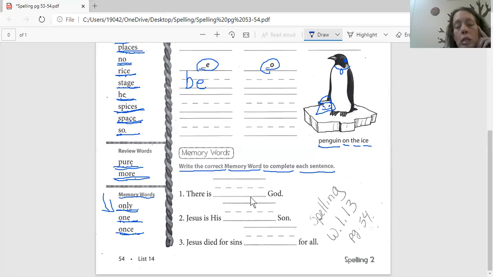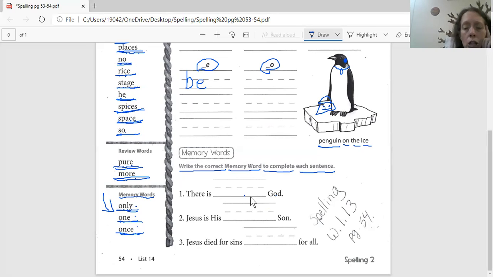And let's read my choices again and see which fits. I have only, one, or once. And if I read number 1, it says, there is blank God. A good strategy for these, if you've only got 3, try them all out.